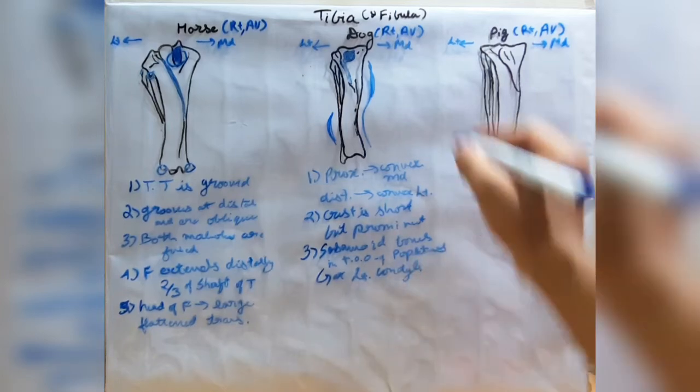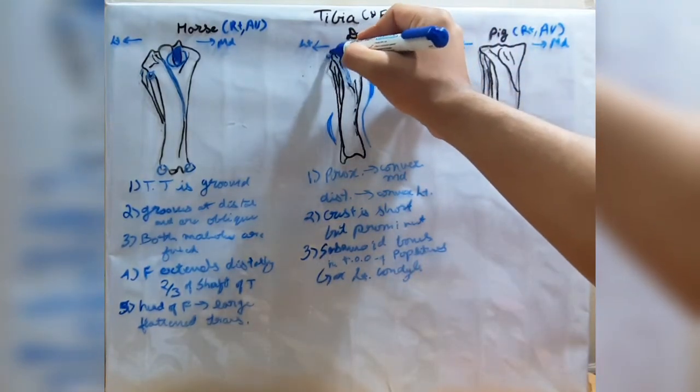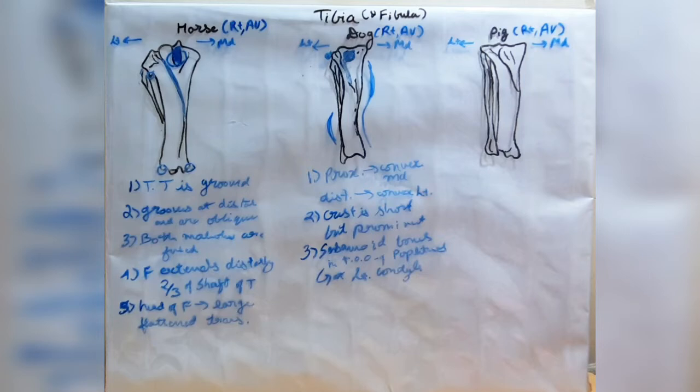So at the lateral condyle you will see there are sesamoid bones in the tendon of origin of popliteus muscle in case of dog.